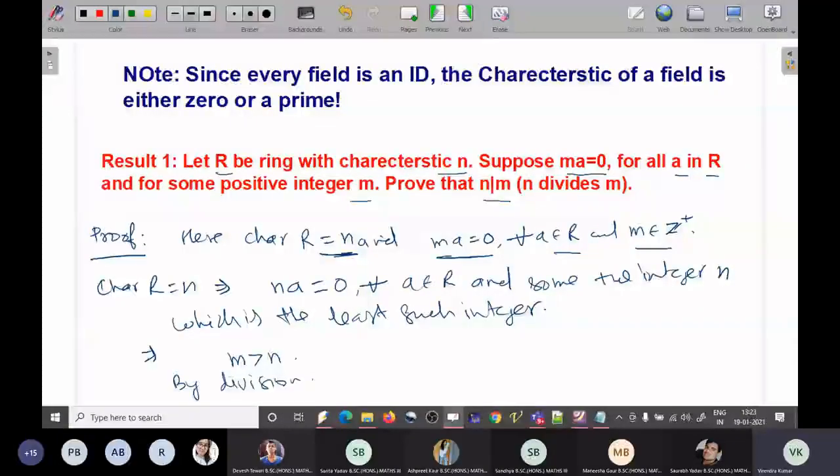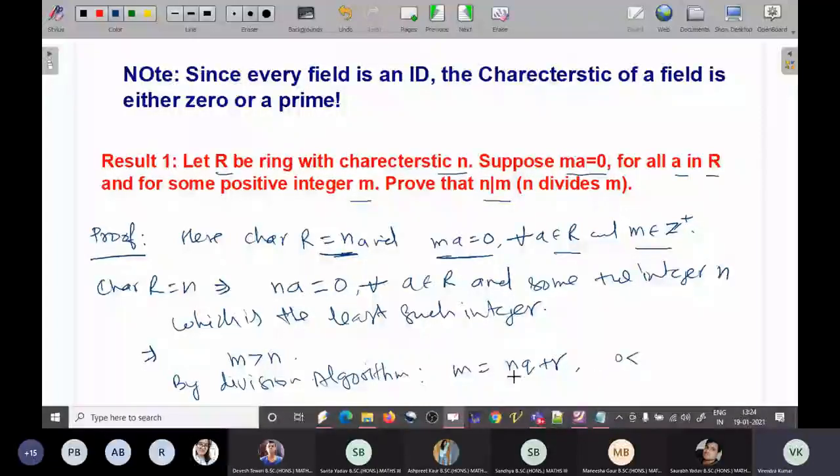All we know is that r, the remainder, has to be greater than or equal to 0 and should be less than n, the divisor, by which we are dividing. Fine. So let's move further.